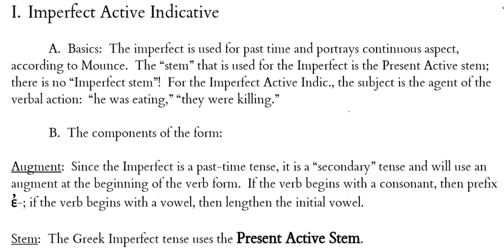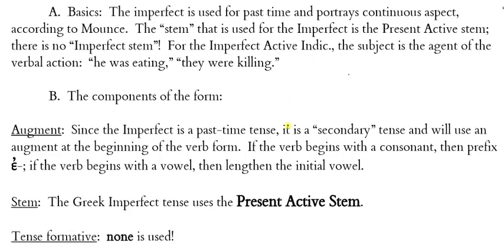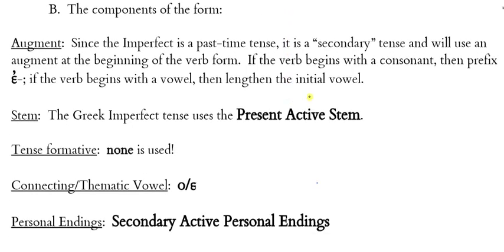Now, what are going to be the component parts or the constituents of the form in the imperfect tense? First of all, we're going to have an augment, and this is new for those of you that haven't reached the imperfect tense in your Greek studies. The augment is something that's added to the front of the verbal stem to signify that you're dealing with a past time and therefore secondary tense. And that augment will usually be represented with an epsilon and a smooth breathing.